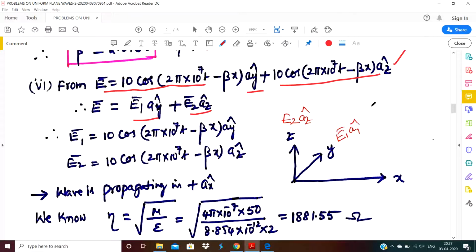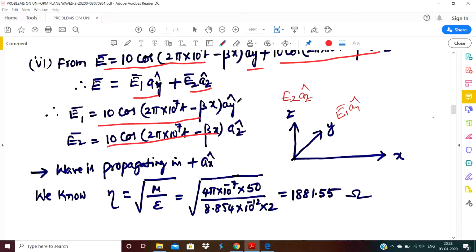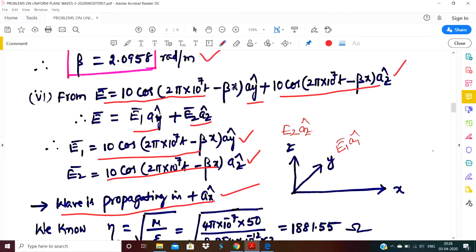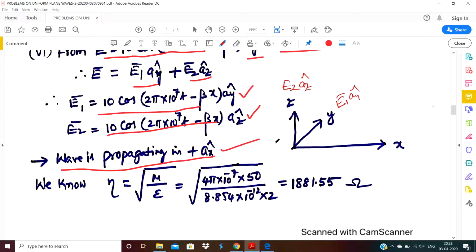E1 is along the y direction, E2 is along the z direction. The resultant of this would be the field direction. We can take similar magnitudes, because the same is there, along y and along z. The important thing is the direction of propagation is always along the x direction. This we can see from this particular minus beta x.